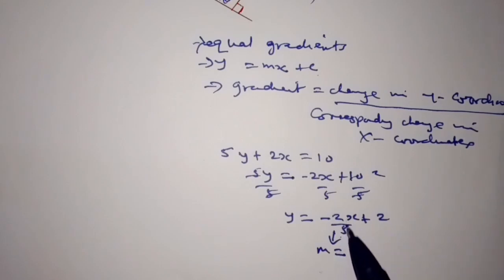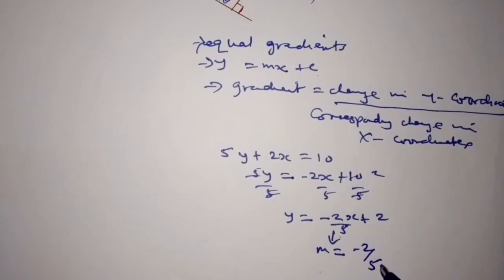So our gradient m here is negative 2 over 5.